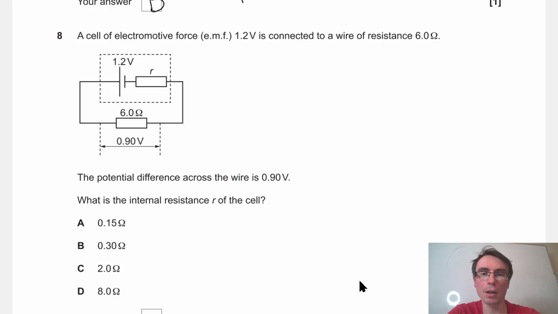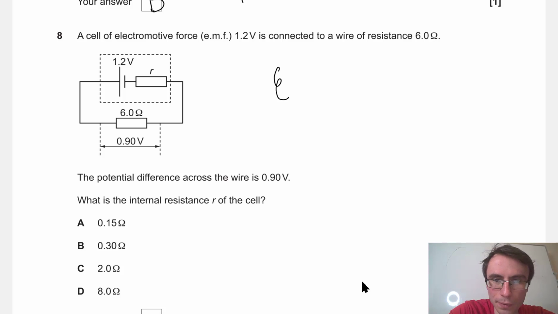Okay, next one. We have a cell with an EMF of 1.2 volts connected to a wire of resistance 6 ohms. The potential difference across the wire is 0.90 volts. So what is the internal resistance of the cell? Okay, so let's see what we can do here.